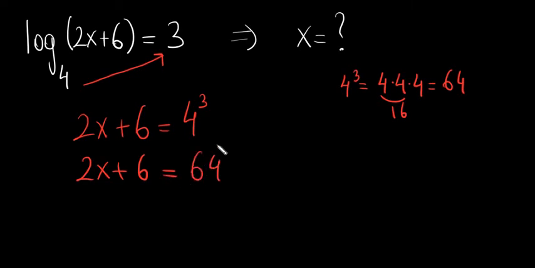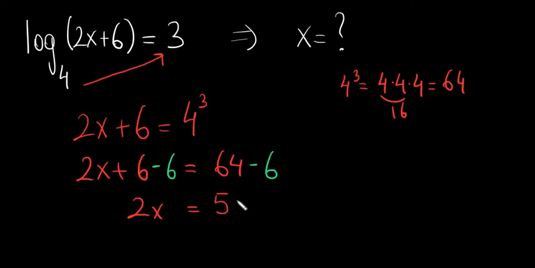In order to find x, first of all, I need to get rid of this positive 6. And then I'm going to get rid of 2, so that I have x on the left alone. Now let's say that this is equal to 64. I am subtracting 6 from both sides. So I will have 2x on the left, because positive 6 minus 6 is 0. 64 minus 6 is going to be 58.